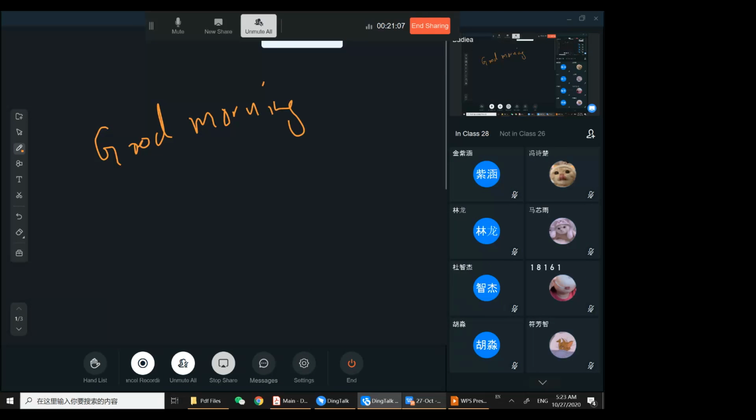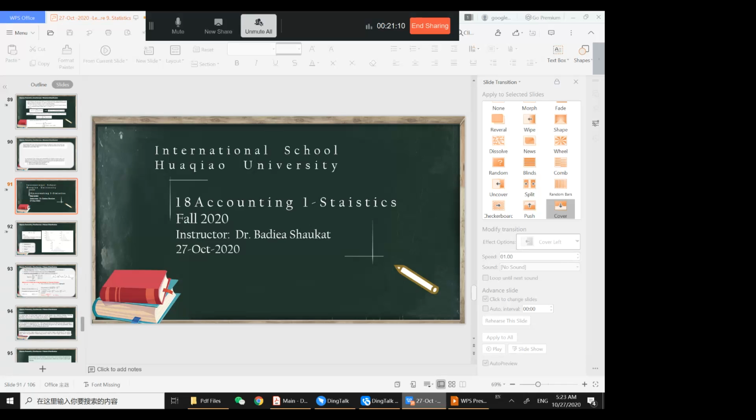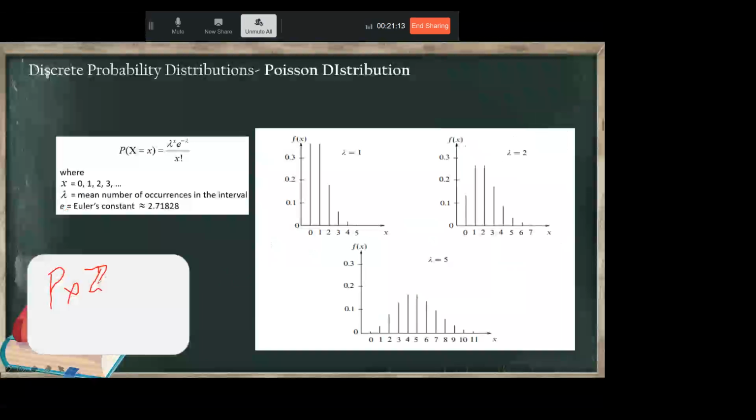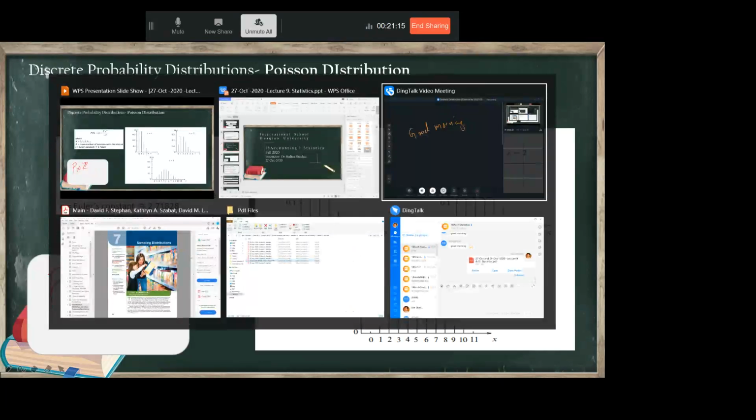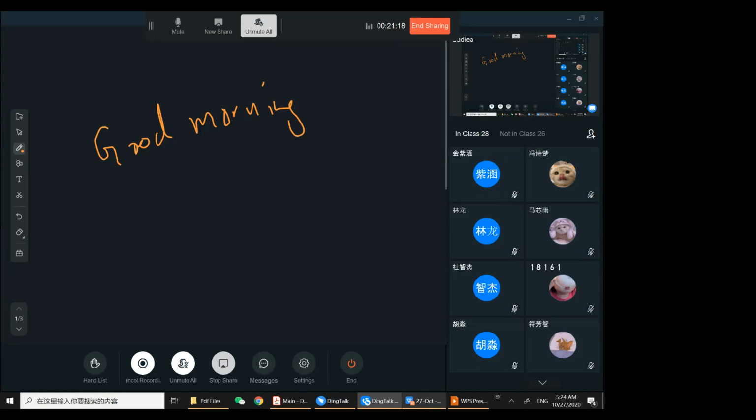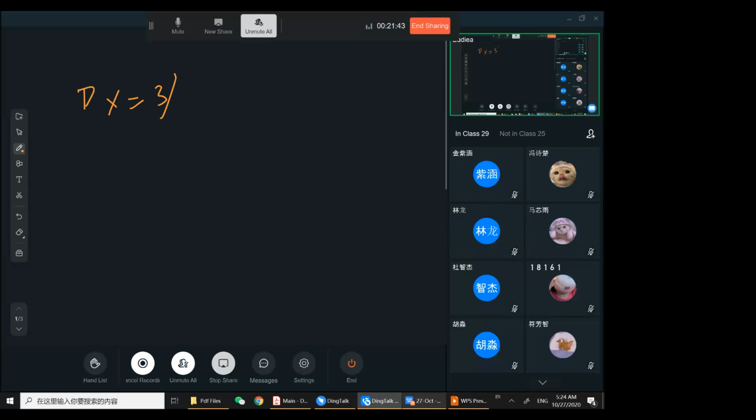Why is it happening like this? Actually, let me talk on the board. Now if we have to find probability of x equal to 3, whereas lambda equal to 2.